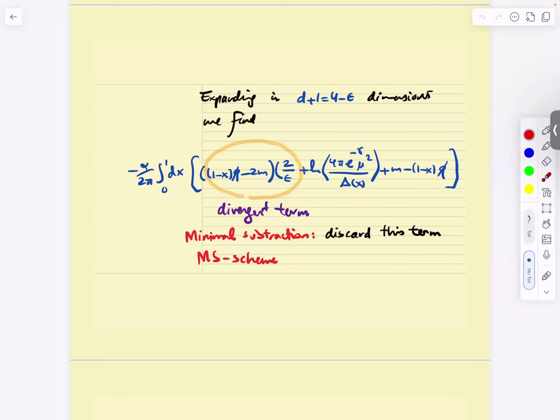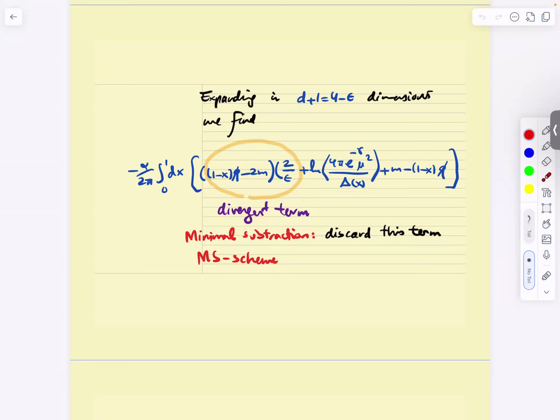That's a little bit different. It was minus 2 alpha over pi before, so there's a factor of 4 sitting there. There's an overall factor, which is 1 minus x times q slash minus 2m. We did not have that. Good. And then there's the last term, which is plus m minus 1 minus x q slash.